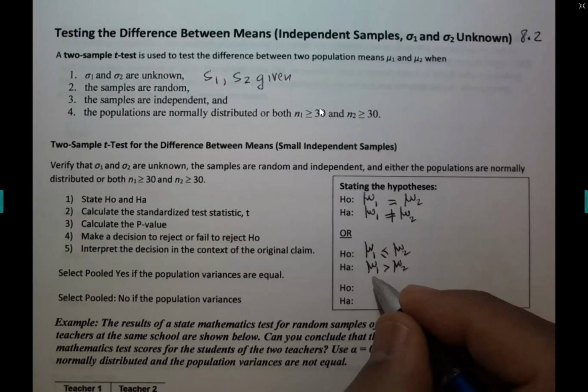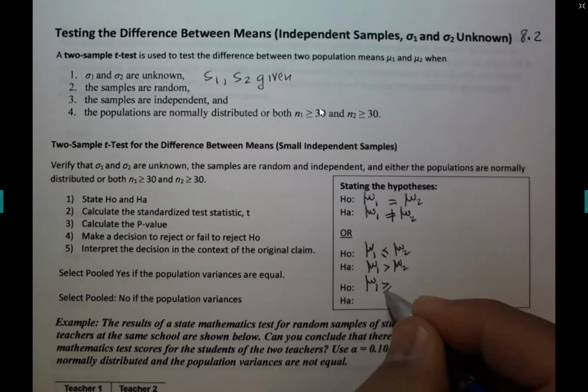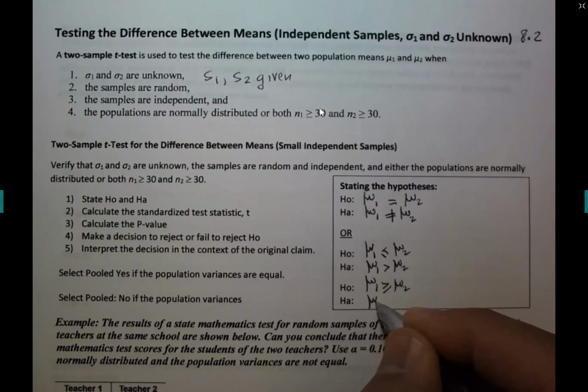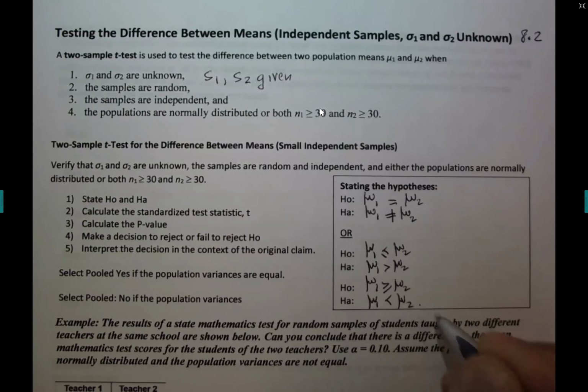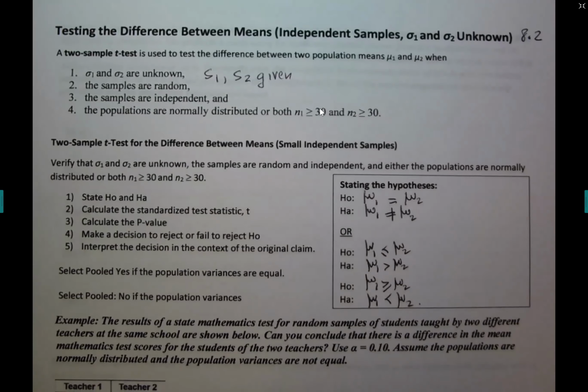Second scenario. Mu1 is greater than or equal to mu2, mu1 is less than mu2. These are the same scenarios as in section 8.1. Nothing is going to change. The only thing, the name of that test is going to change. Instead of two sample z-test, guys, you will be working with two sample t-test.